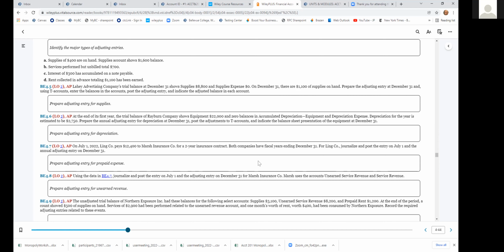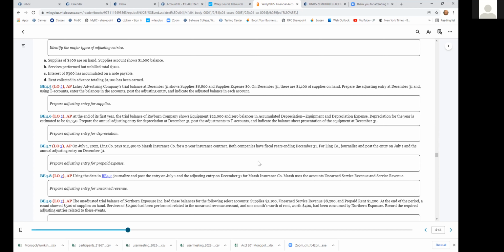Okay. Now it's December. Don't worry about the dollar amounts yet. What's the adjusting journal entry going to be? What's going to be debited? What's going to be credited? Well, you're going to recognize that you've used up some of that prepaid insurance, so you're going to reduce prepaid insurance.